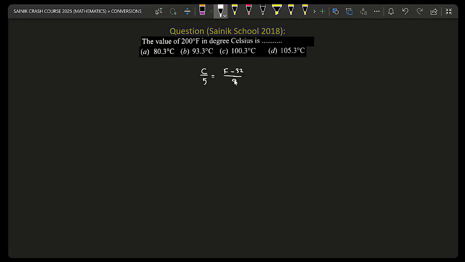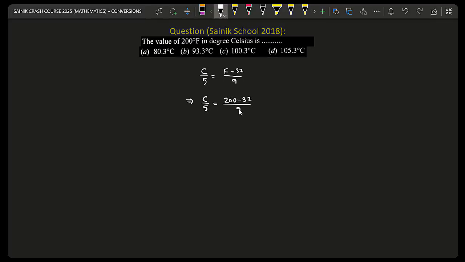Okay, sir. The given question is in Fahrenheit or Celsius? The Fahrenheit. That means it should be substituted in the place of F or C. So C by 5 is equal to, in place of F, we use 200. So 200 minus 32 divided by 9.